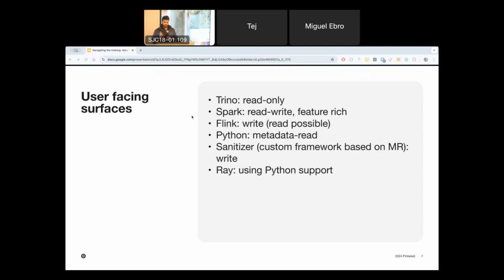So we support writes from that custom framework. That's the only place that we allow MapReduce to talk to Iceberg. And then starting last year, our users are using the machine learning platform. Users are using Ray, and we provide that support using Python. And then we also have custom integrations to do things like bucket joins and stuff.